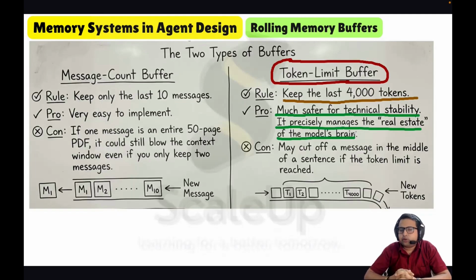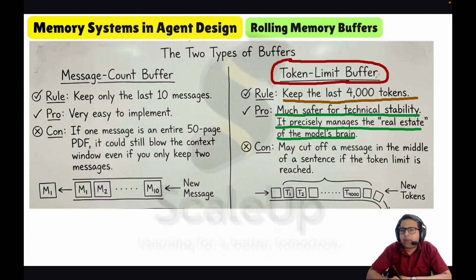It is just looking at the number of tokens, and if the number of tokens exceeds its limit, it will flush out the old tokens to make room for the new tokens. So the token limit buffer is a rolling memory buffer based on the token limits. It will keep a count on the number of tokens.